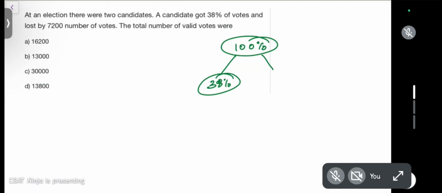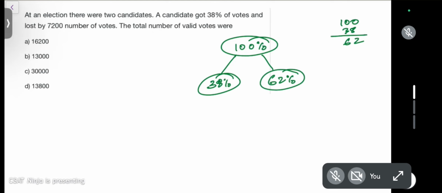So there is a total of 100% votes, and from that 100%, the one who is losing the election got 38%. So the winning candidate got how much? 100 minus 38, which is 62%. The winning candidate got 62% here, because the losing candidate is getting 38% only.